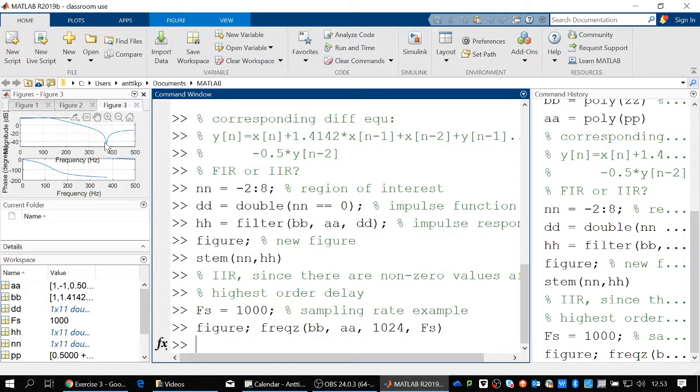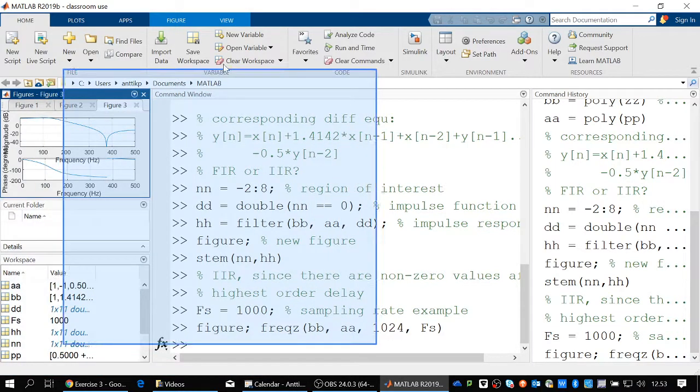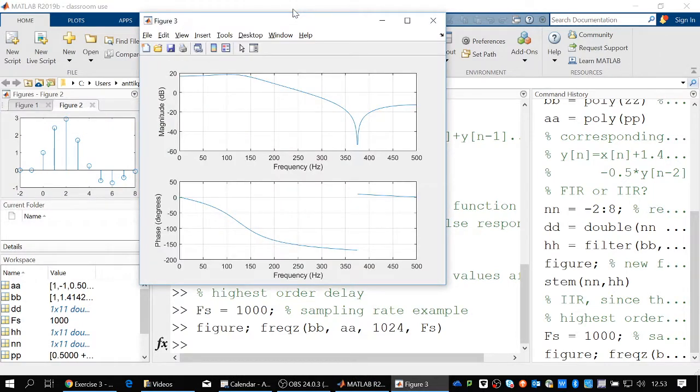And by the way, when you have this frequency response, or the frequency sampling rate defined, then this is physical frequency here. And basically, where is the, okay, let's take it off again. The highest attenuation is actually at 374.5 Hertz. Not exactly.